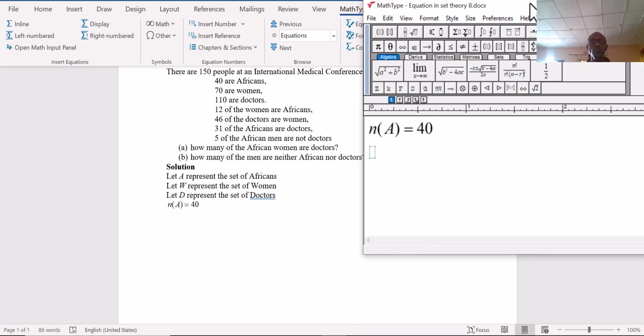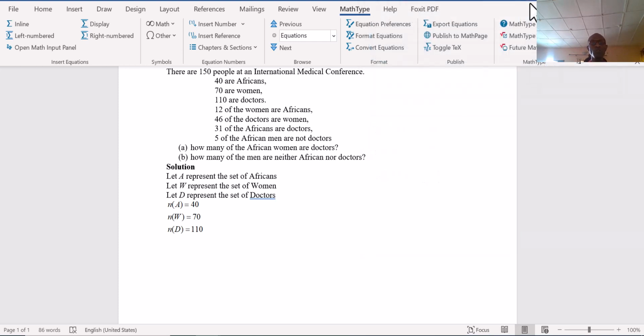The next one we have is W, that's 70. Then the next one we have is doctors, 110. So we have these three pieces of information we have been able to extract.